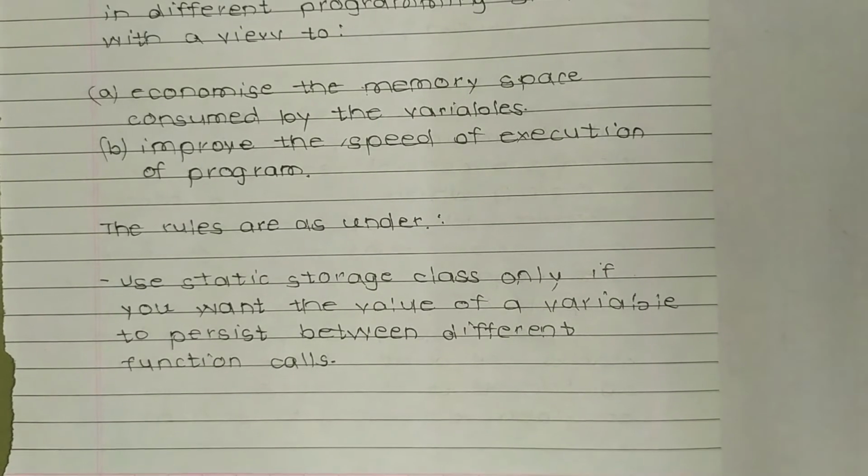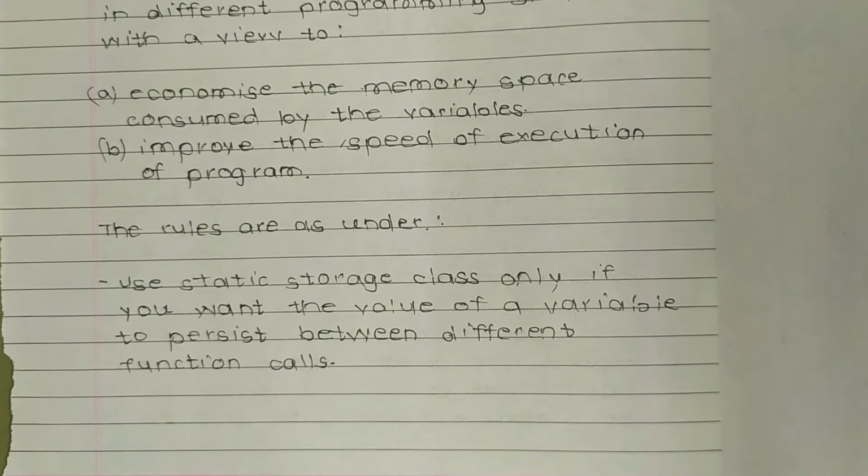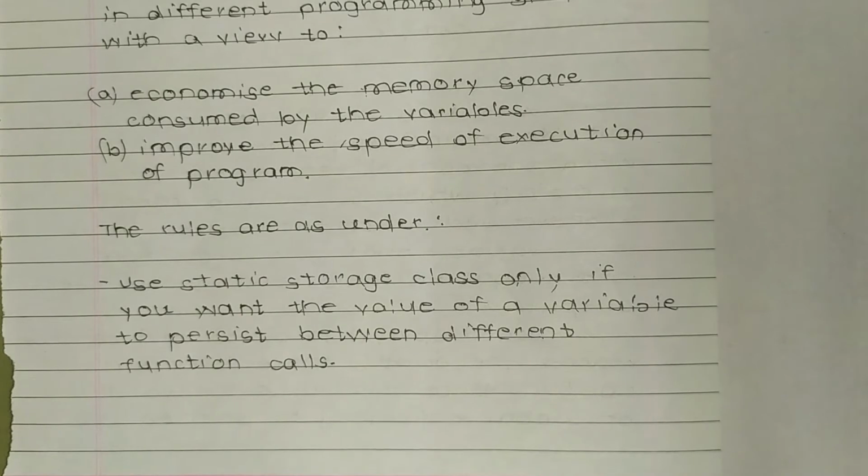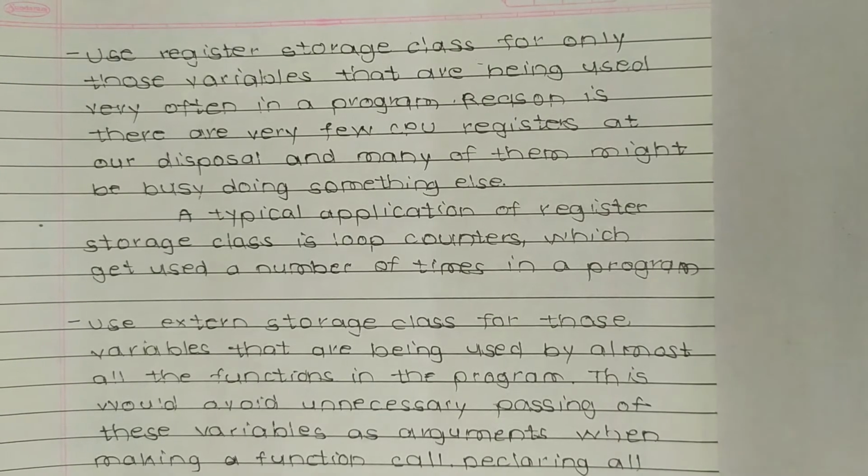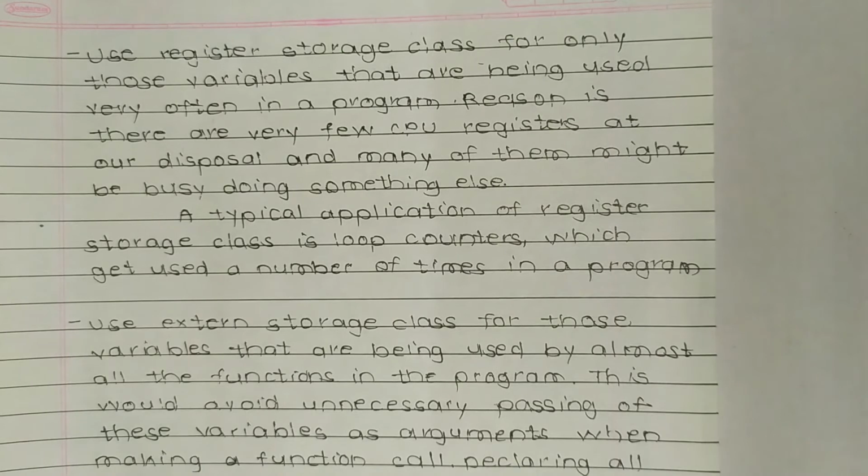Use static storage class only if you want the value of a variable to persist between different function calls. Use register storage class for only those variables that are being used very often in a program.